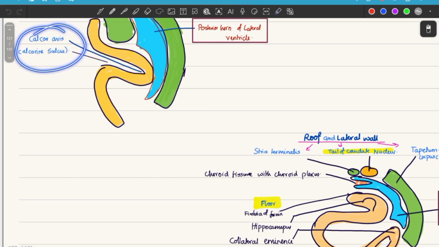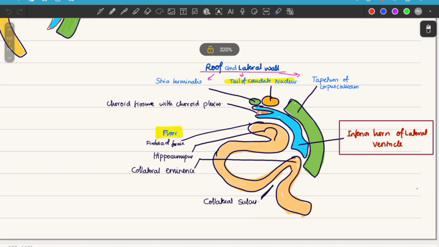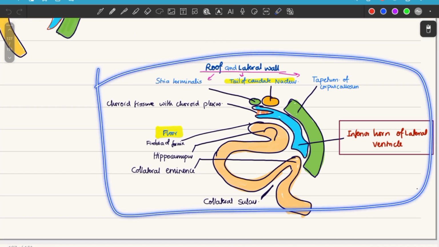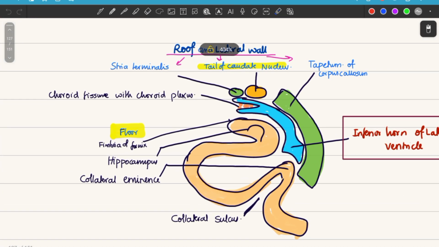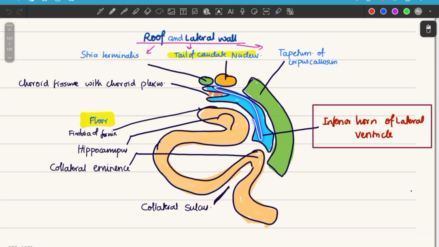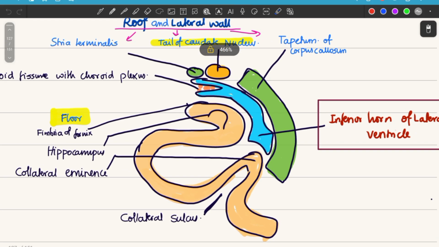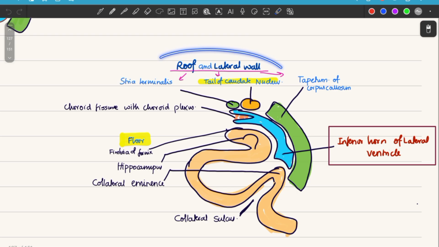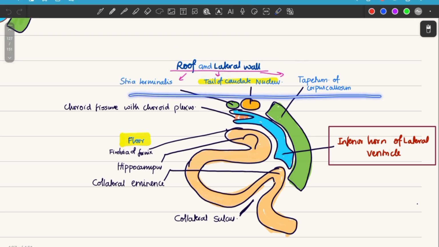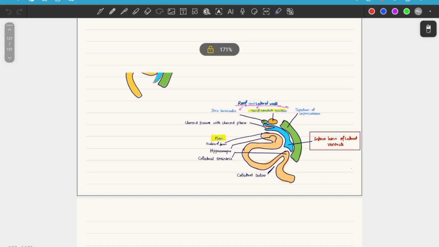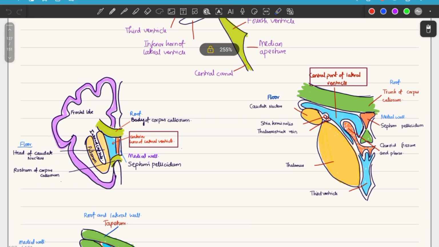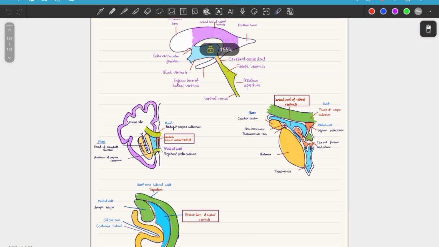And this is the question they have asked, the inferior horn of the lateral ventricle. First, let's see the roof and the lateral wall. The roof and the lateral wall are formed by the stria terminalis. In the central part also you can see the stria terminalis here, isn't it?